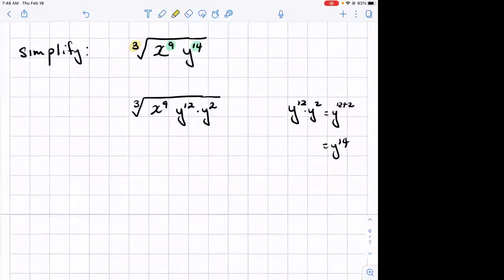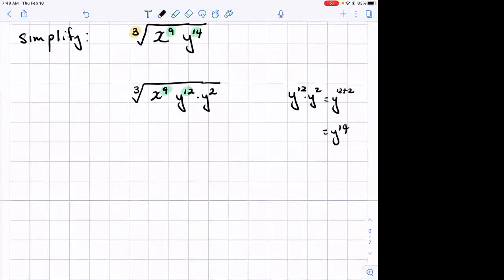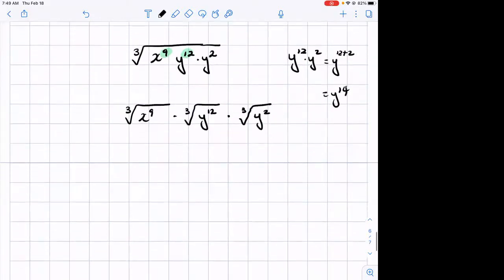Now, 9 is divisible by 3, 12 is divisible by 3. So we can rewrite this as the cube root of x to the 9th times the cube root of y to the 12th times the cube root of y squared. And the cube root of x to the 9th becomes x cubed, okay, 9 divided by 3.